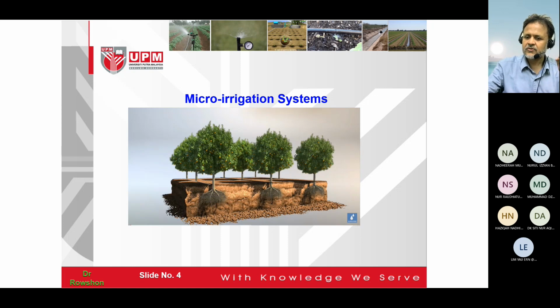so that the moisture content in the soil will not allow any reduction of yield. That's why it is called theta c, the critical moisture content. Sometimes this critical moisture content should be equal to the MAD. If we can quantify MAD with the critical moisture content, that is the best and right decision. Sometimes it can be slightly different before and after, but it should not be much of a problem.